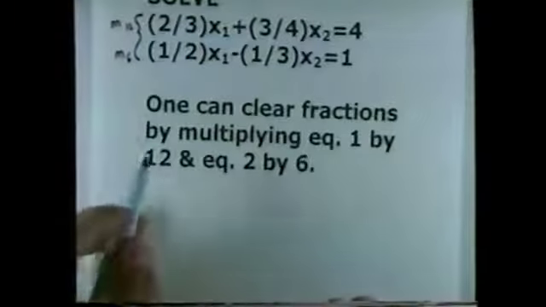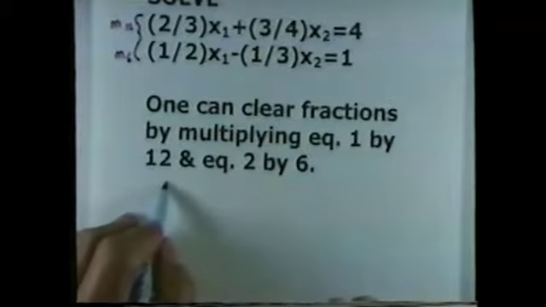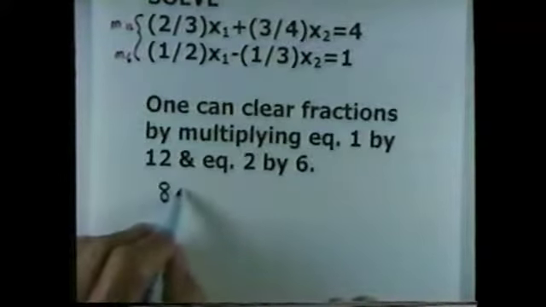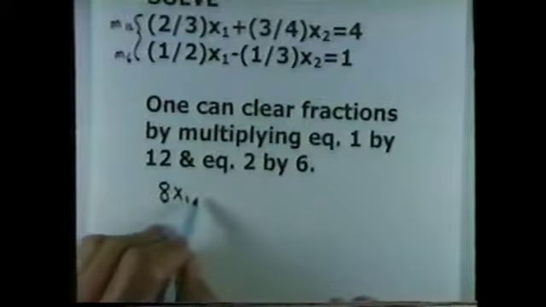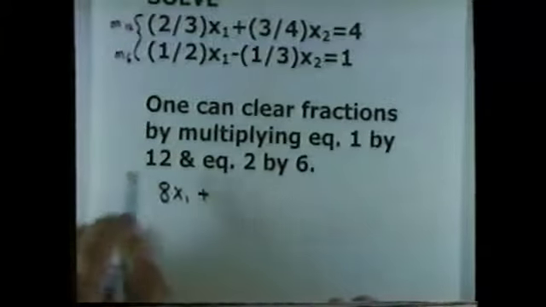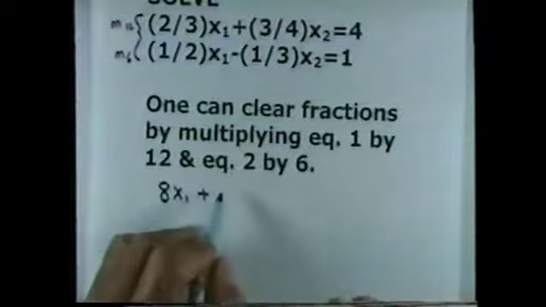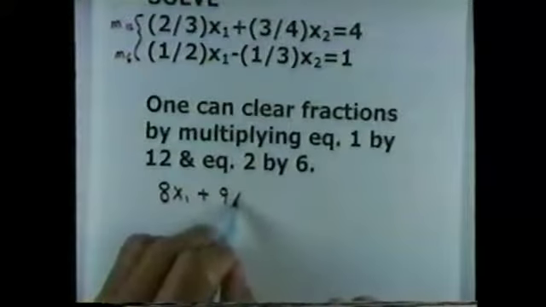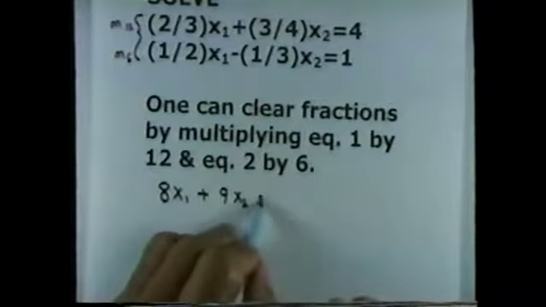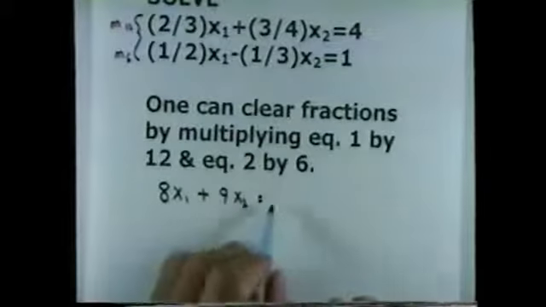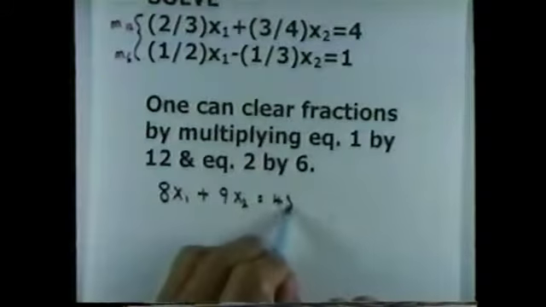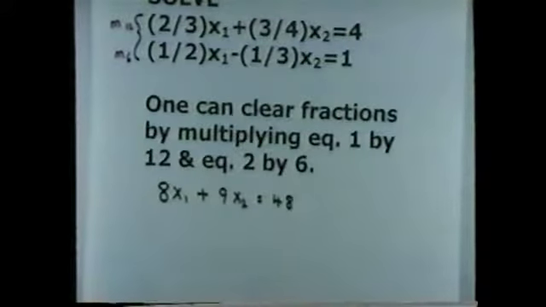12 times 2/3 is 8, so we get 8x1 plus 12 times 3/4 is 9, and 12 times 4 is 48.